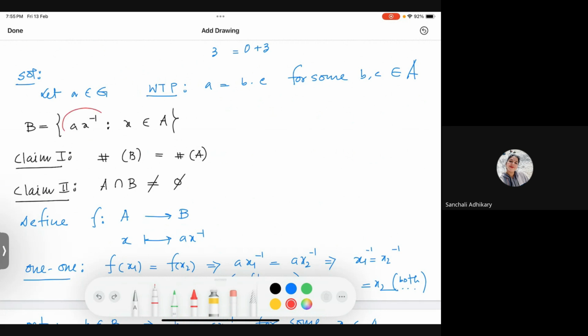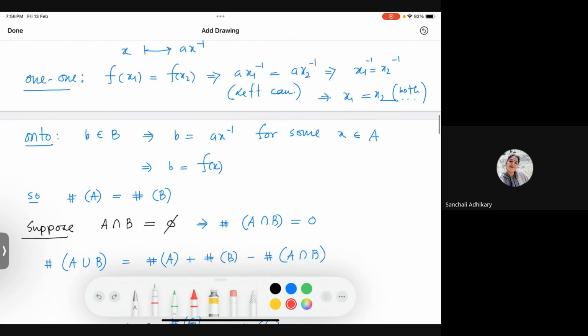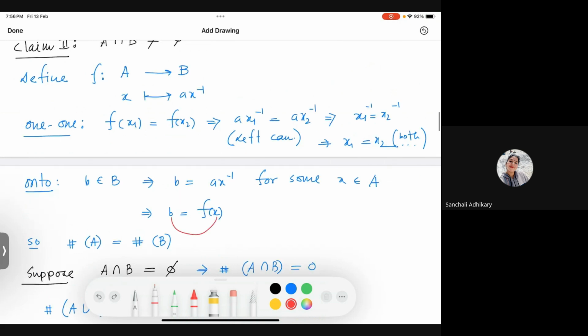This is equal to A into X inverse, right? So b is equal to AX inverse for some X. So X inverse is equal to f of X. This is the image of X now. So observe b has a pre-image X. It means the function is onto.